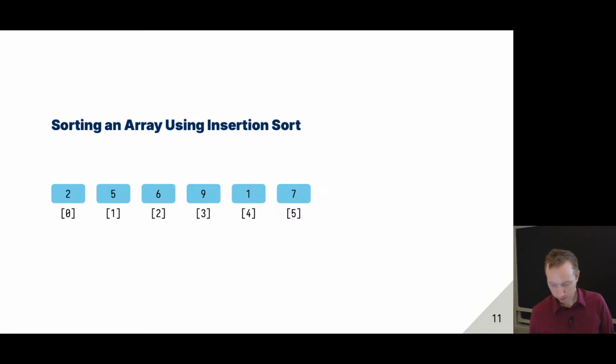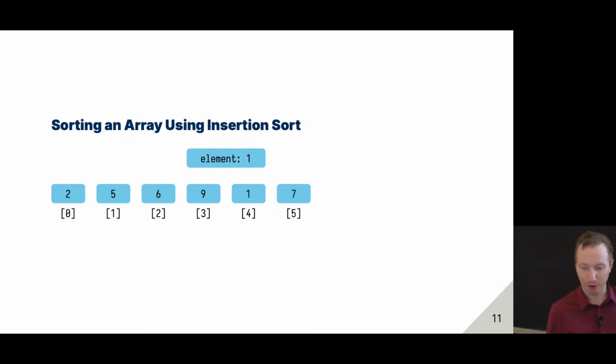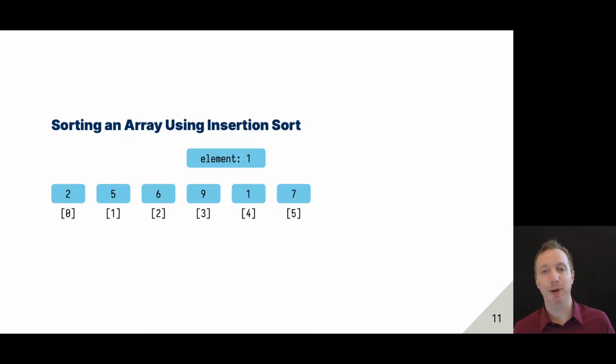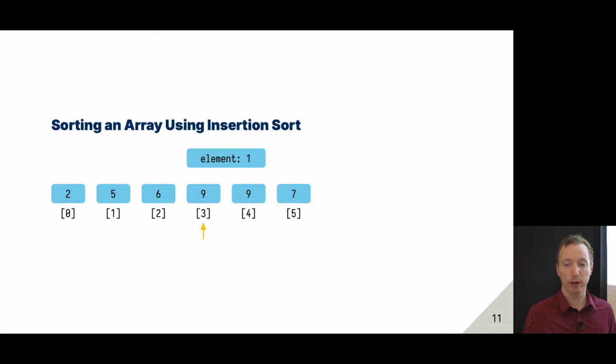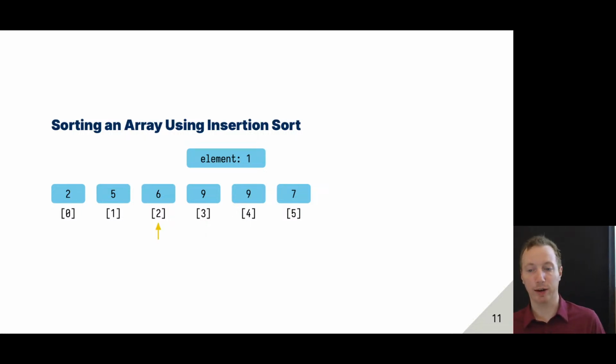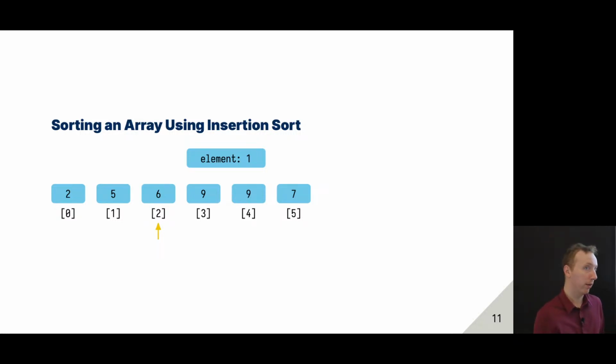So now we got 2 more elements to go. Now we're looking at element 1. Oh, this one's going to be fun because it needs to go all the way to the end, right? So the whole process is going to go again. So we look at index 3. The value there is greater than 1, so I need to shift it over. Then I look at the next index, index 2. 6 is greater than 1.